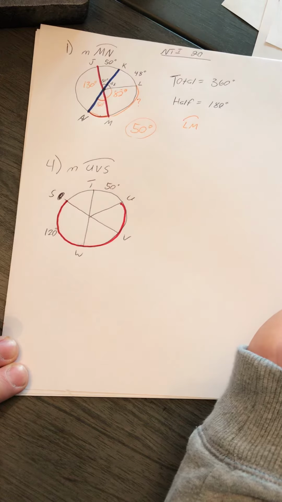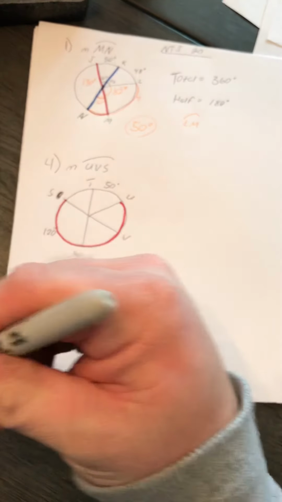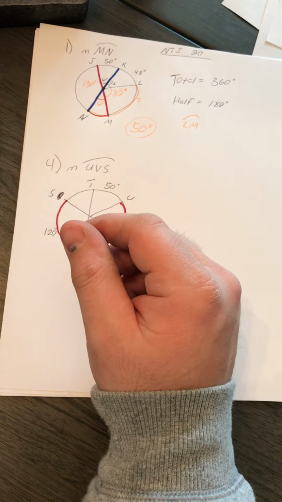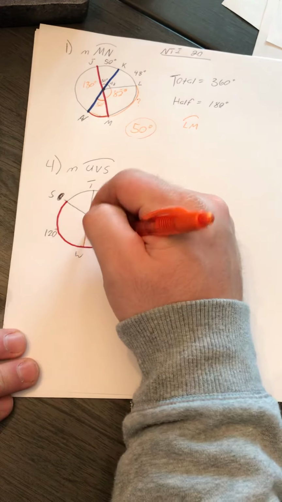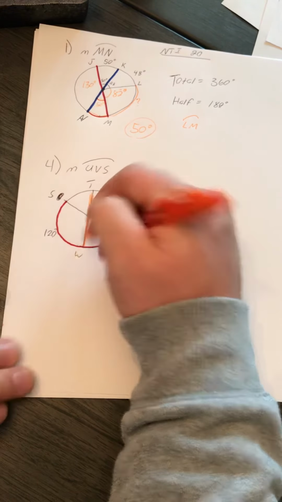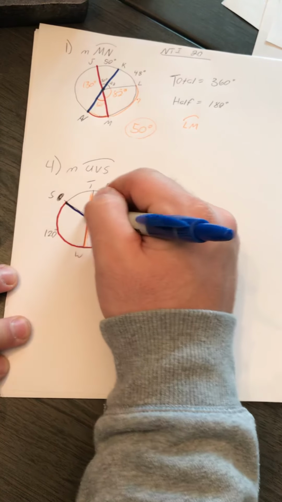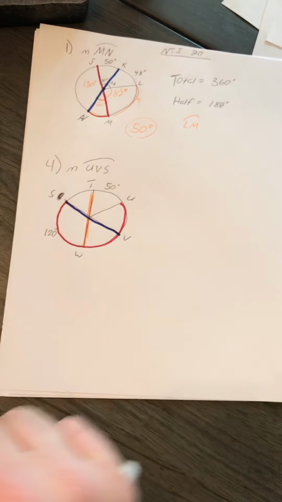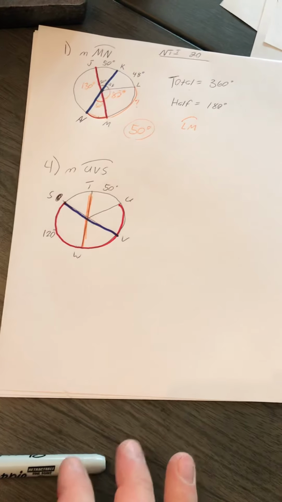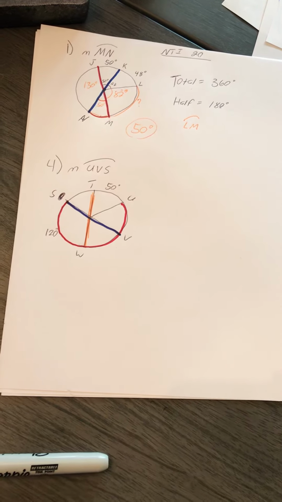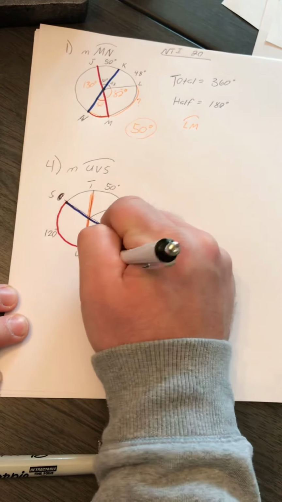I can assume that these two right here are diameters, so that's a diameter and this is a diameter. I'm going to start filling out as much information as I can, figuring out some missing parts.